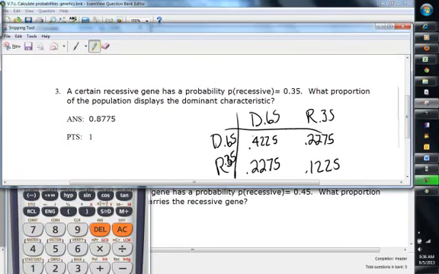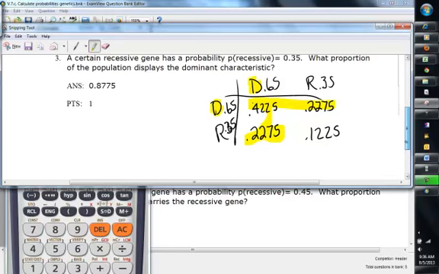All 3 of these are going to display the dominant trait, because if you have one dominant gene, then you will display that dominant characteristic. You don't have to be pure dominant, but you do have to be pure recessive to display the recessive.